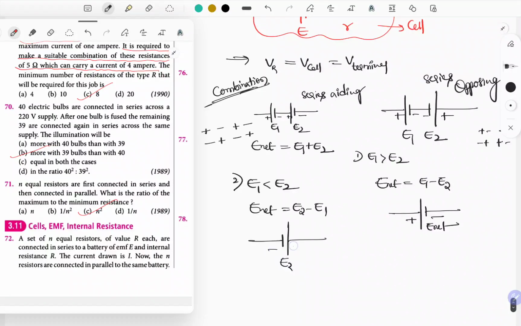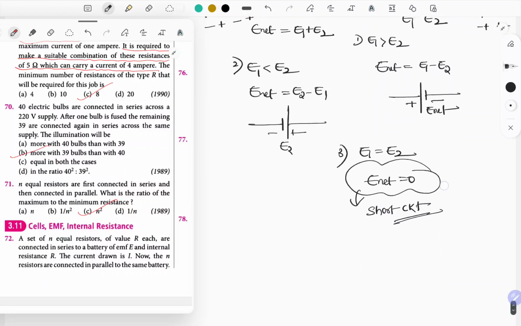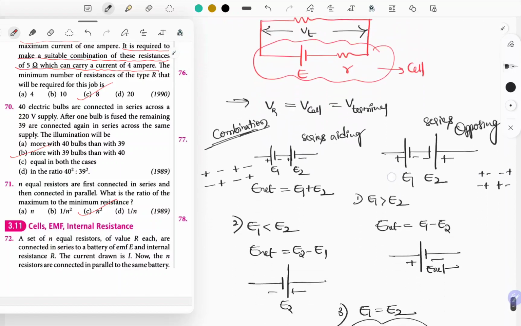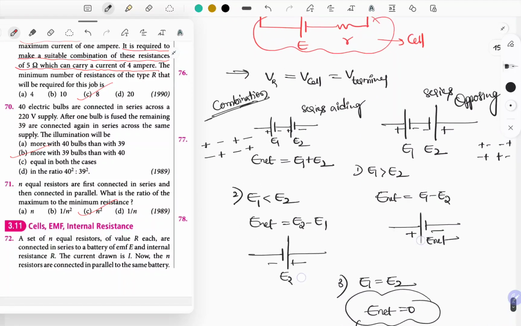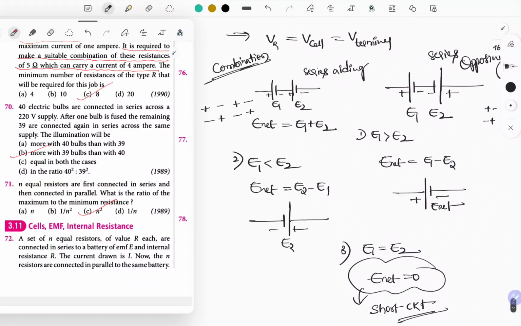This is E2, minus plus. Now the third case is E1 equal to E2, then E net is equal to 0. If E net is equal to 0, you can replace it with a short circuit. That's the way we can replace the circuit. Got it? So this is the basic thing to understand. Then we'll move on to the actual numericals.